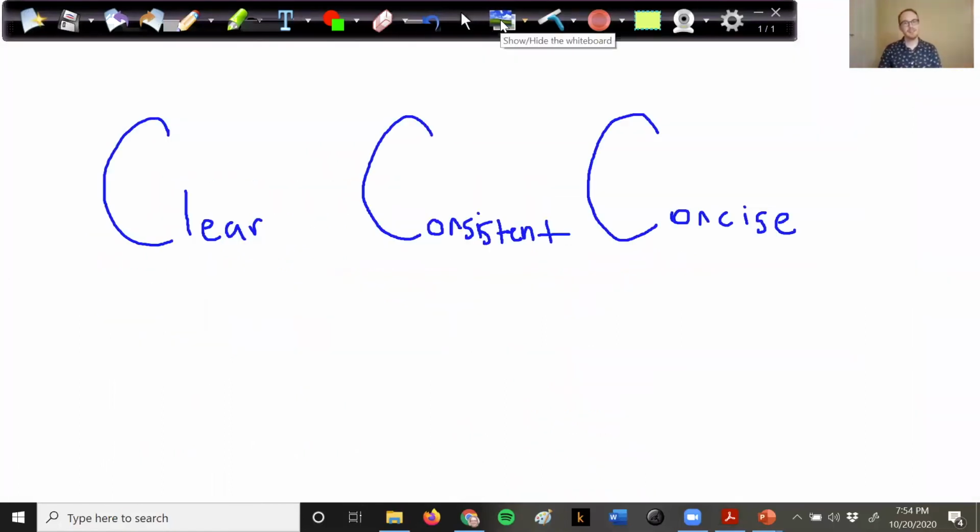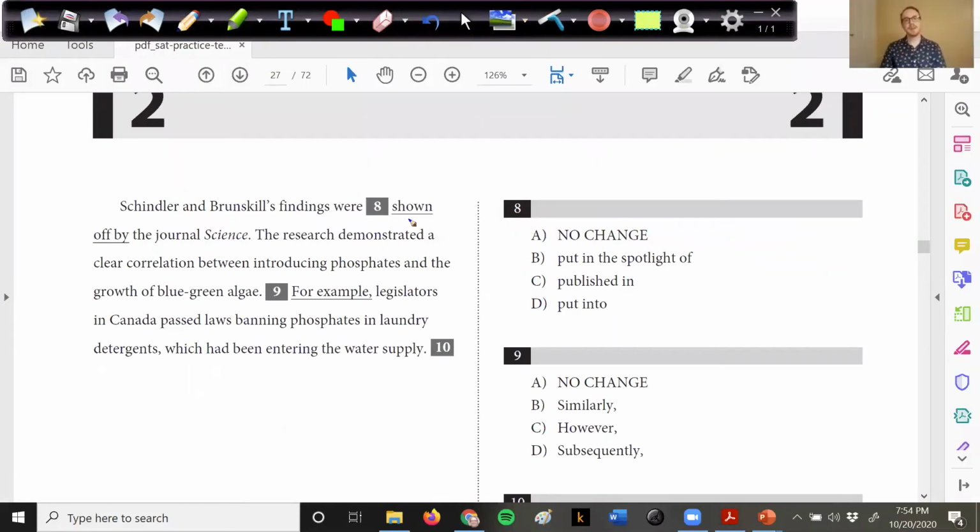Is it consistent? Well, that's a question of tone. And shown off by, that seems a little informal to me. That seems a little bit like something I would say to my friends, like these scientists were really showing it off. But it seems like there might be a more formal way to say that. And it looks like that's what we're being tested on here.